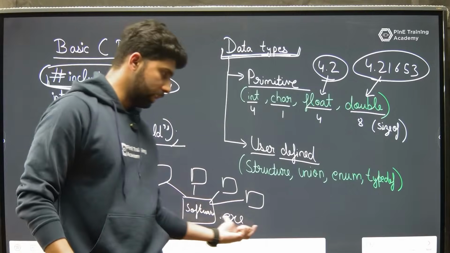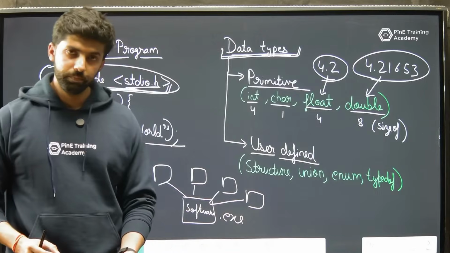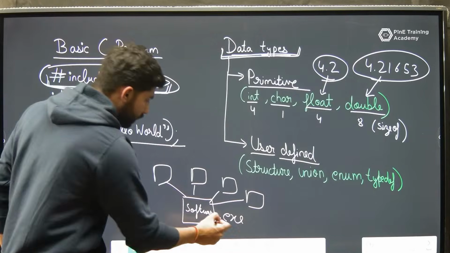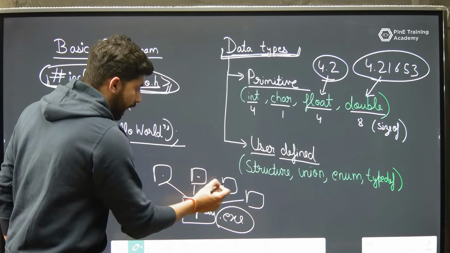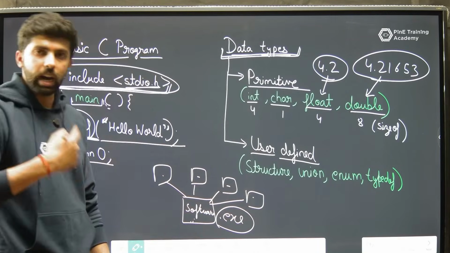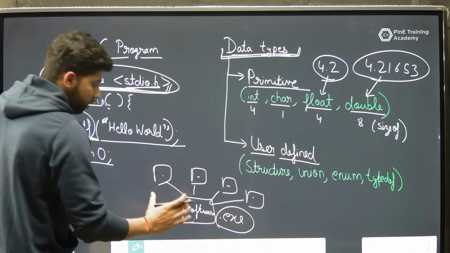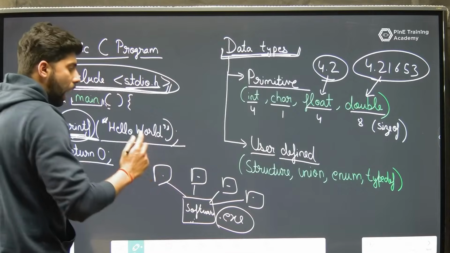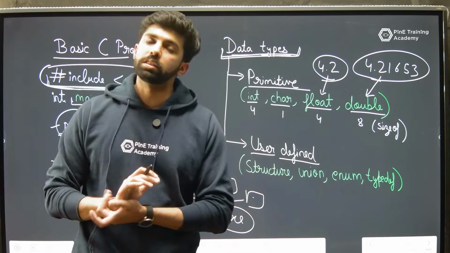In Windows, the extension for a software is .exe file, right? When you run this .exe file, the modules behind this software start getting executed. But how will we know which module will run first?